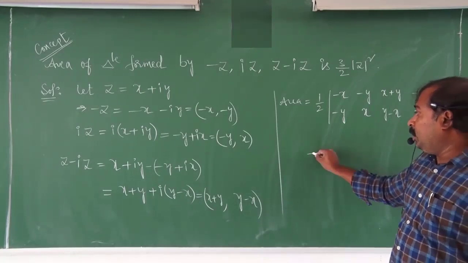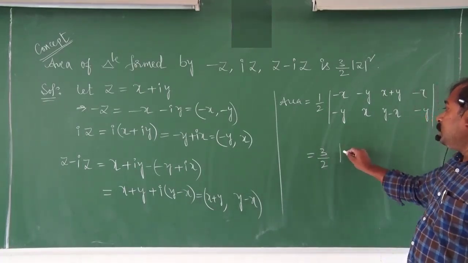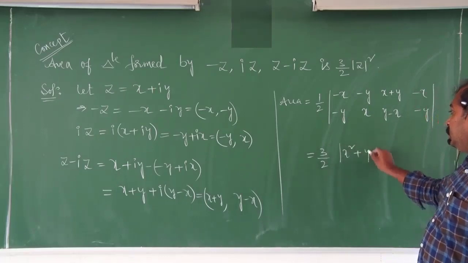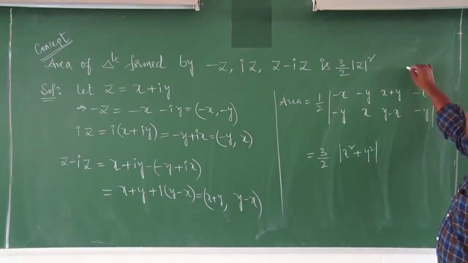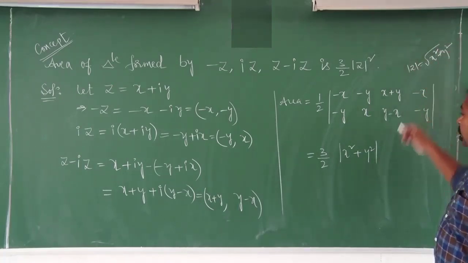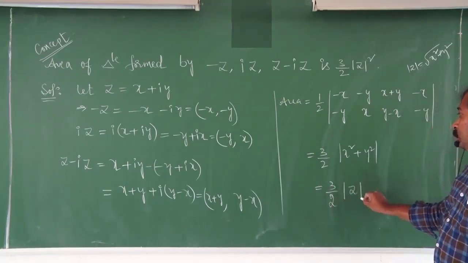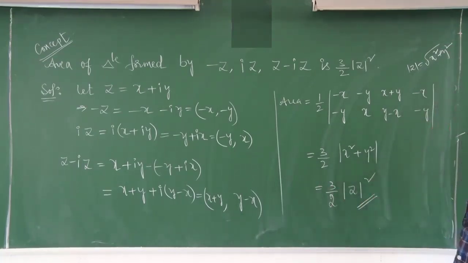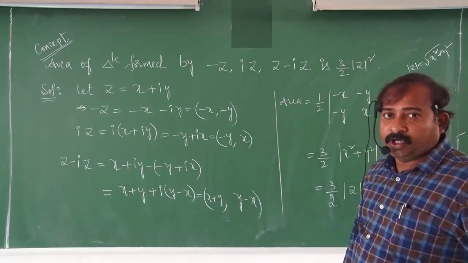If you simplify, you will get 3 by 2 into modulus of this value. What is the mod z value? Mod z is the root of x square plus y square. So if you expand, you get 3 by 2 into mod z square. This is the area. I hope that it is clear. Okay. Thank you, ma'am.